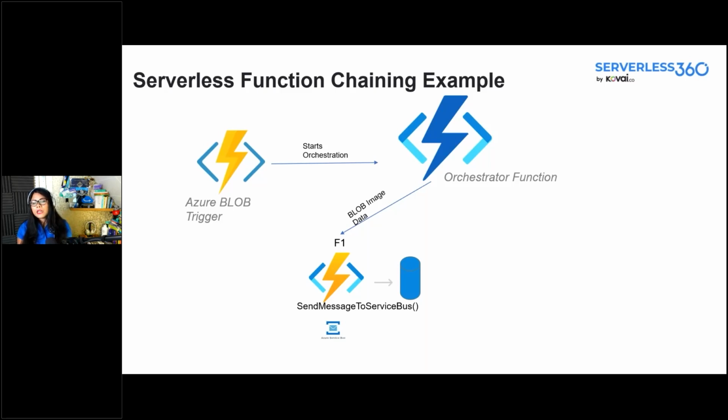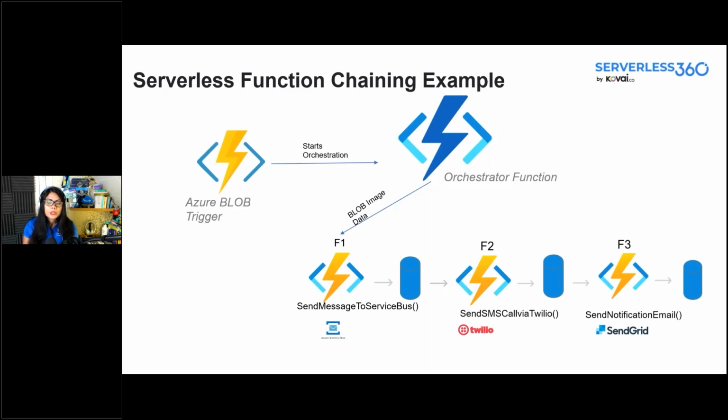Then it can send a queue message to a service bus, which is another Azure service, the enterprise messaging service in Azure. I can also pass in any data that I want from that blob image and send a message or make a call using an external API like Twilio and integrate it. And then you can also send email using SendGrid and other external email APIs.